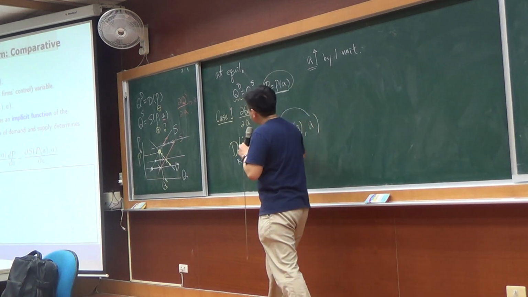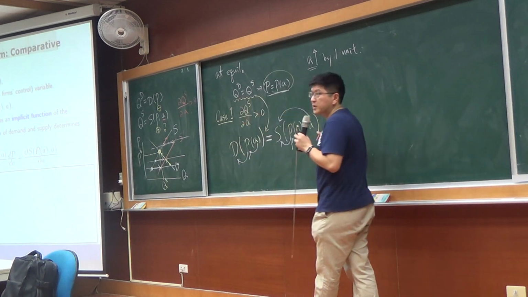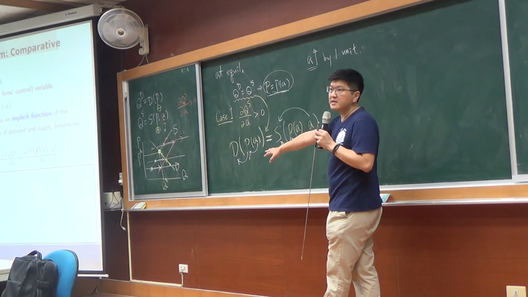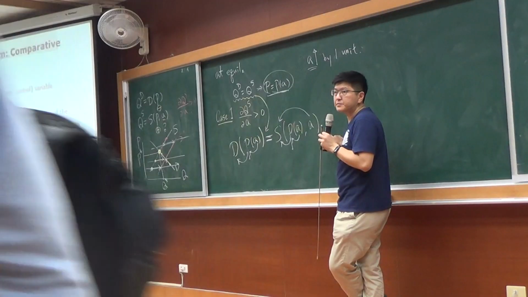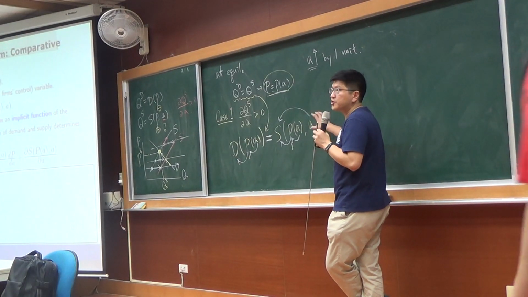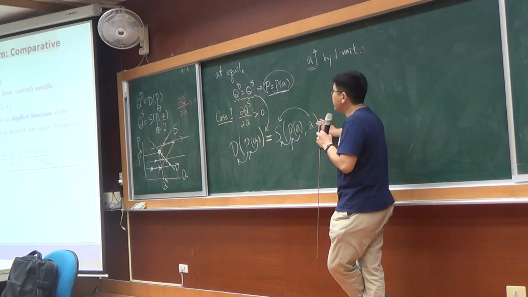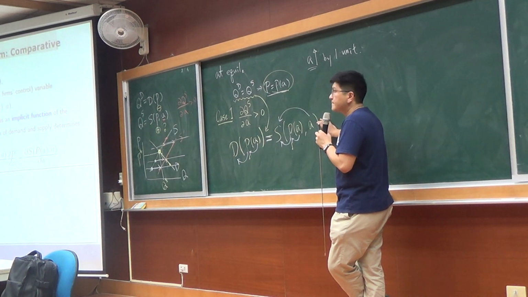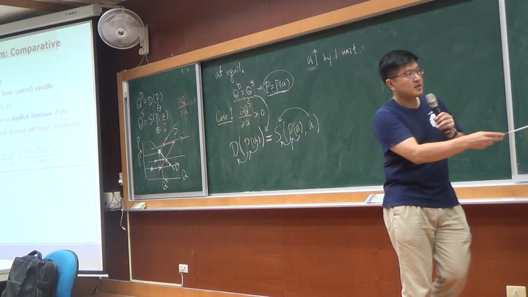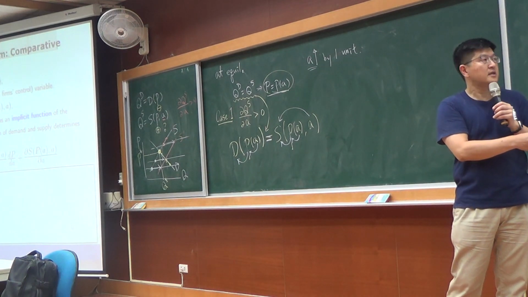And we total differentiate the whole equation, the left-hand side and the right-hand side. Differentiate the whole equation by A. And we have the result here.